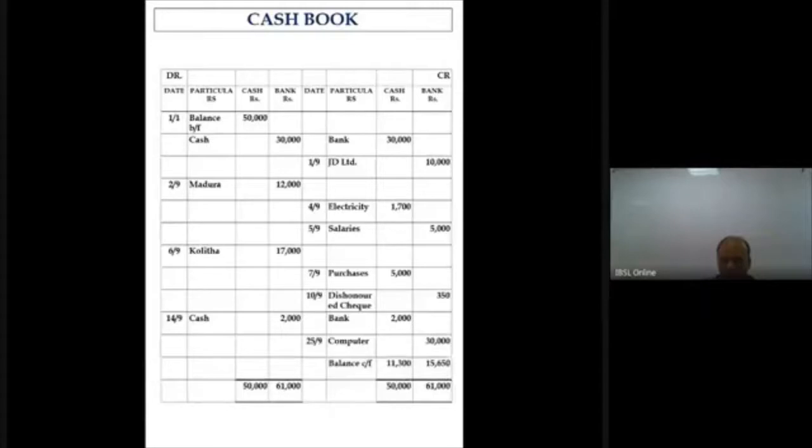So 38,700 plus 11,300 means 50,000. That is how you get the balancing figure, and that will be the balance brought forward. So when they start the next month, these will be the balances of their cash book and the bank account.